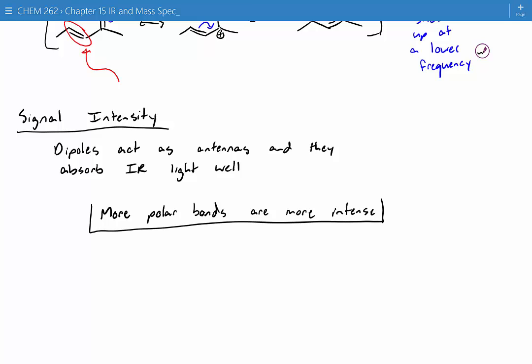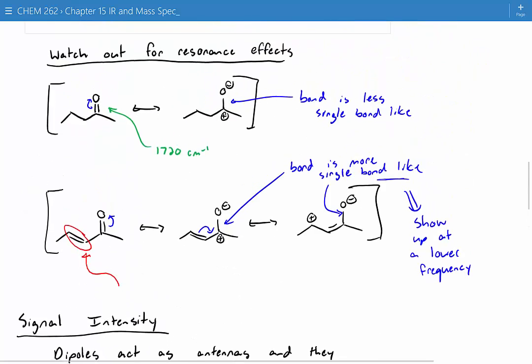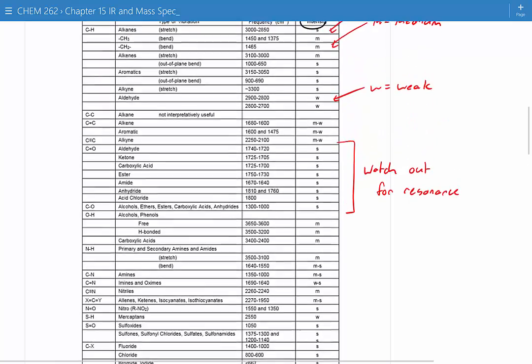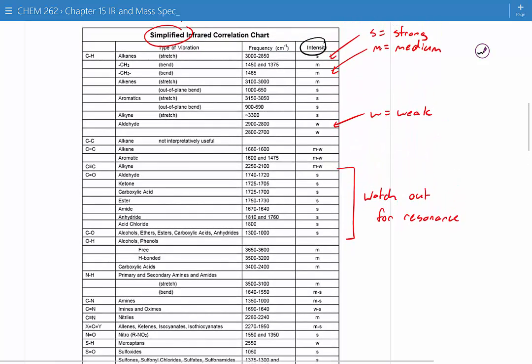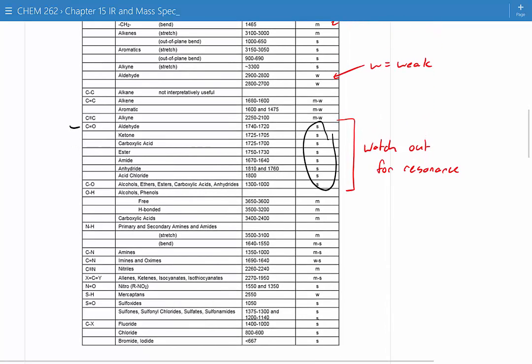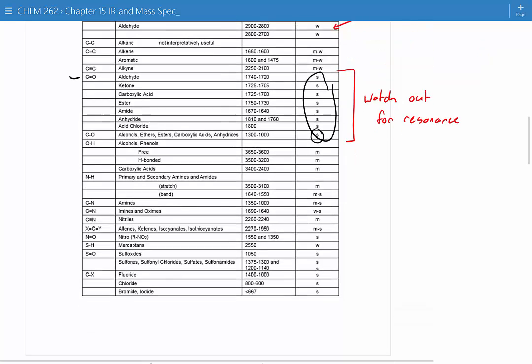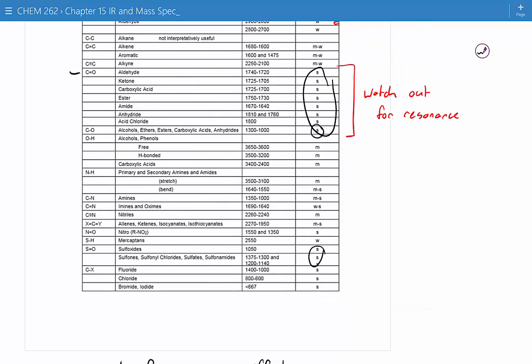I'm not going to get into the physics behind it, but if we go back to our chart, we can see that this idea applies, right? Our most polar bonds are probably going to be things like our carbon-oxygen bonds. Our carbon-oxygen bonds always show up as strong in that right-hand column. If we look at our other carbon-oxygen bond, it also shows up as strong. If we look at our sulfoxides, for example, where we've got a sulfur-oxygen bond, again, these all show up really strongly as well. Same with the halogen bonds, because there's such a big dipole there.